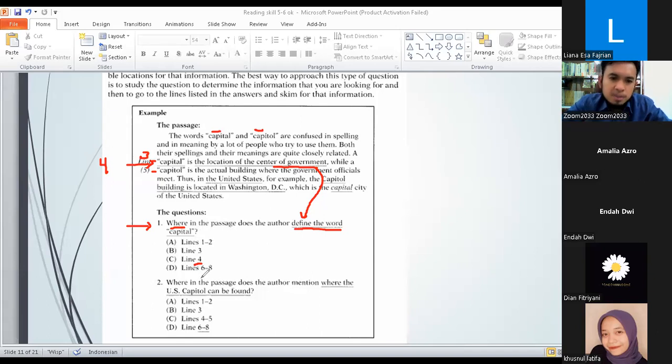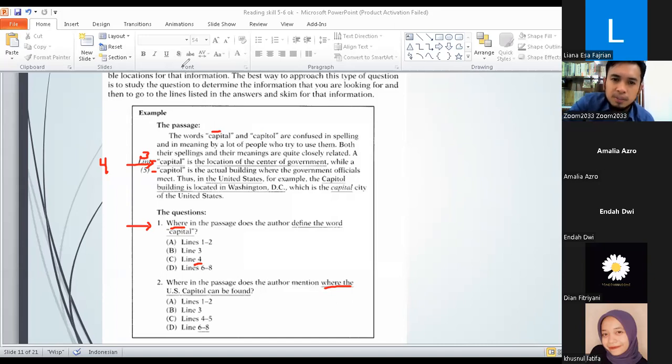Where in the passage does the author mention where the US capital can be found? Okay, so what's your answer for number 2? Okay, Charlie. Amalia, Delta.